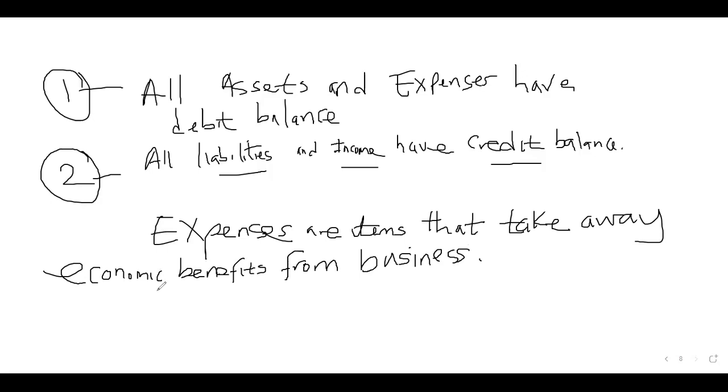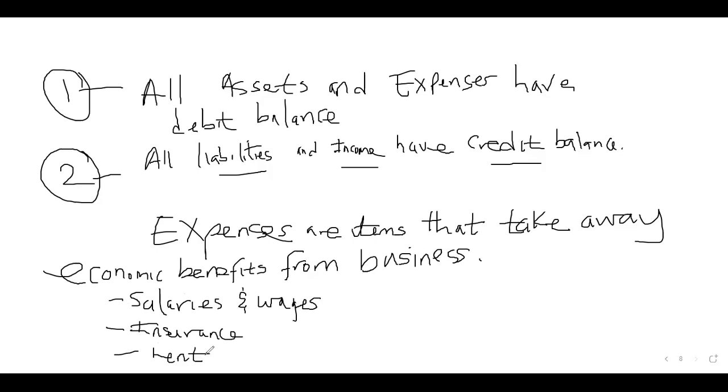So for example, we can talk about salaries and wages. What other expense can you talk about? Insurance is an expense. Then we have rent, which is also an expense. We have a lot of other expenses here. Depreciation is an expense.